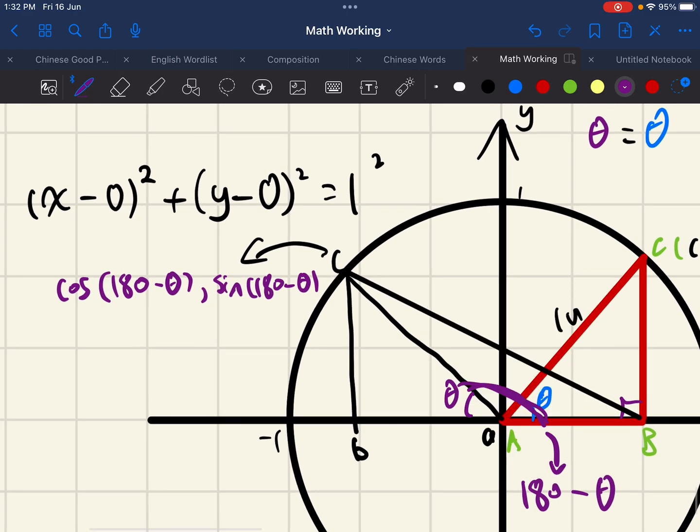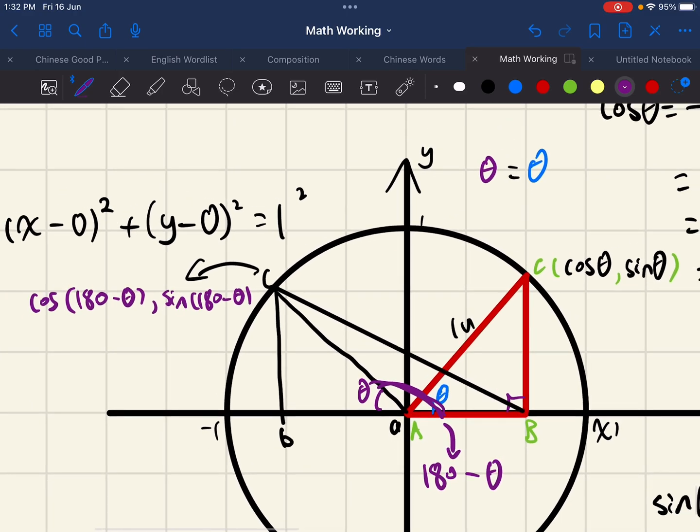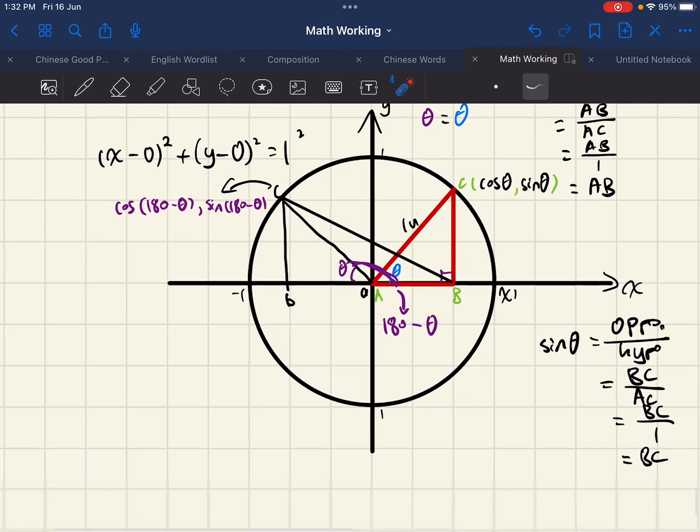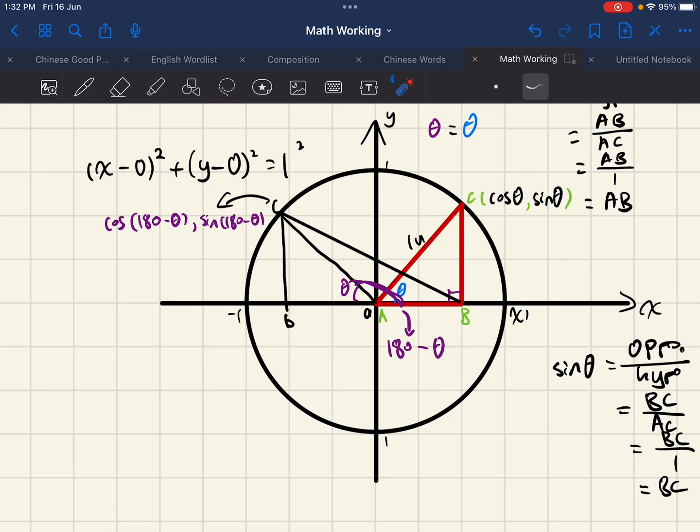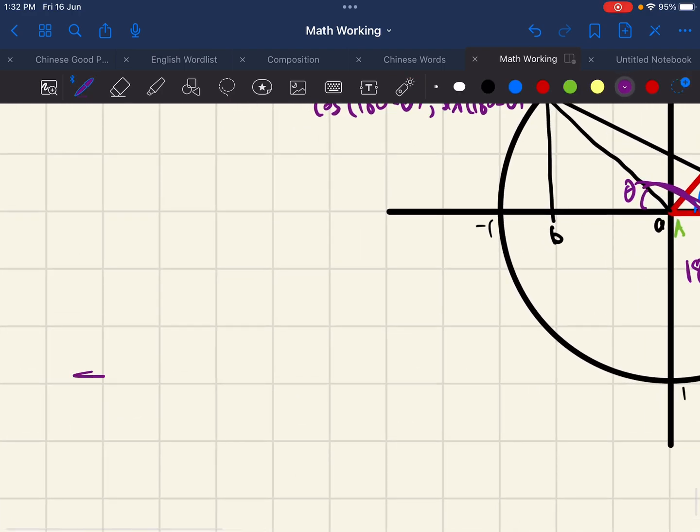So as we know, these are symmetrical triangles. It's directly opposite. What does this mean? This means that cosine will turn negative. Okay, let's take a look. I will draw a new Cartesian plane here. For example, I have a point here.